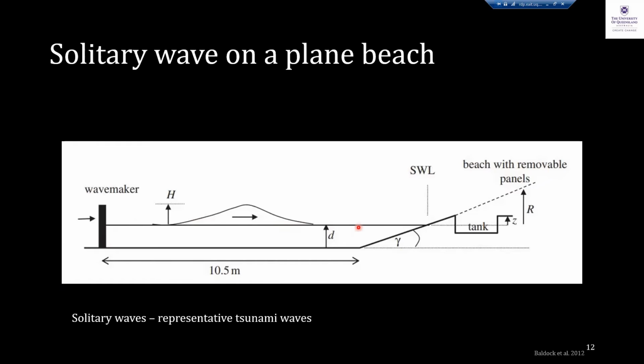And once it gets to the beach, it is going to shoal according to Green's law. And this is quite simple to represent just based on the wave height and the water depth. There are some experimental studies that looked at overtopping volumes as well as run-up on plain beaches.